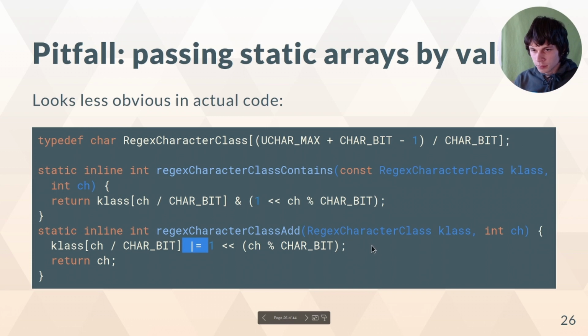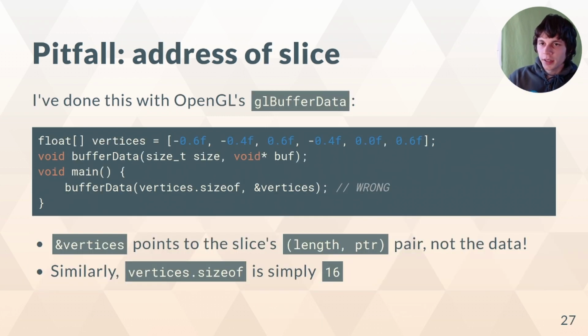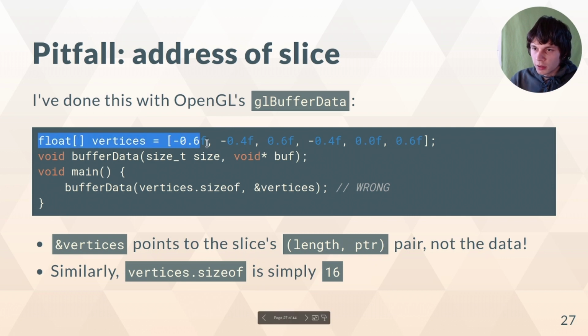Taking the address of a slice is a mistake I made when translating an OpenGL Hello World triangle example from C to D. And I've seen some other people make this exact same mistake as well, because it's very subtle and easy to get wrong. So here I define a global array of vertex data, which I then pass to a function that takes a void pointer and a size parameter.